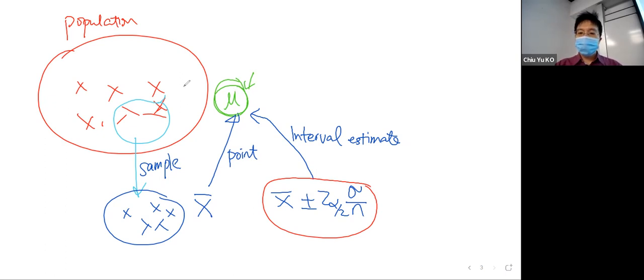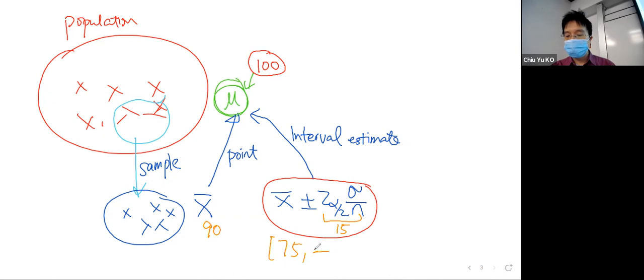Suppose we are going to claim mu is, say, 100. This is our claim. And we collect data, and the sample mean is 90, and the confidence interval's margin of error is like 15. So you would put it as 75 to 105.